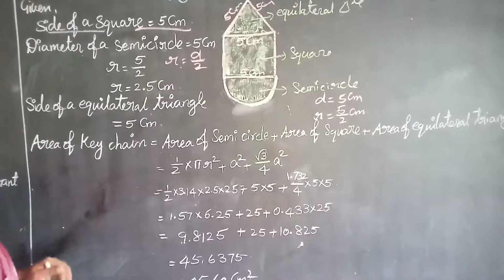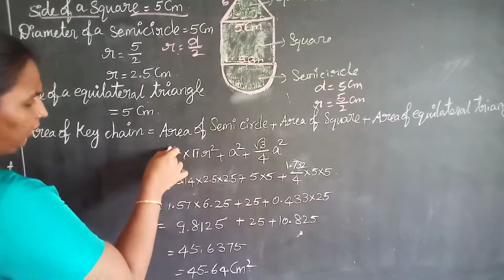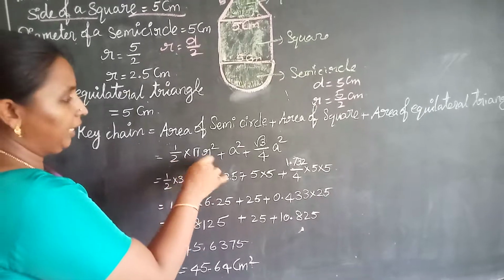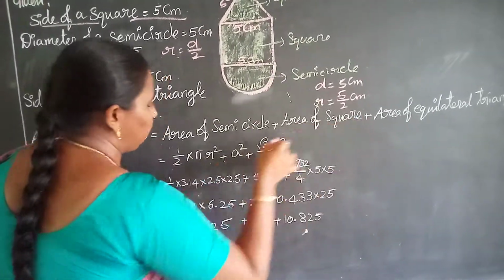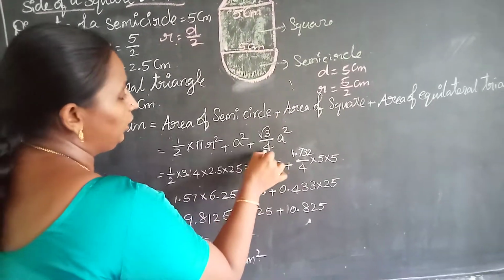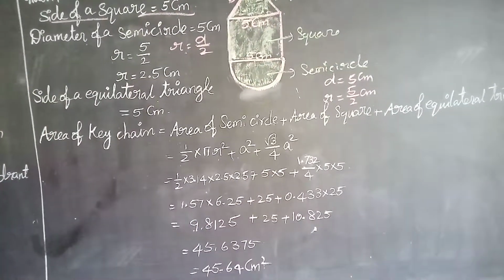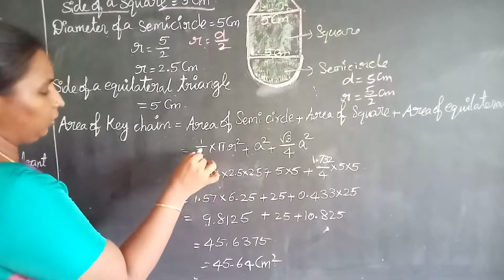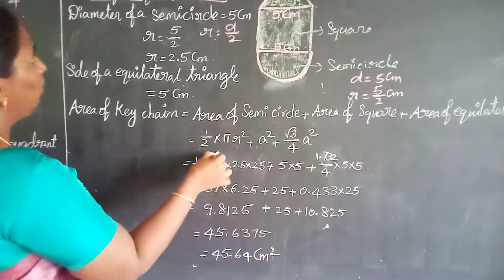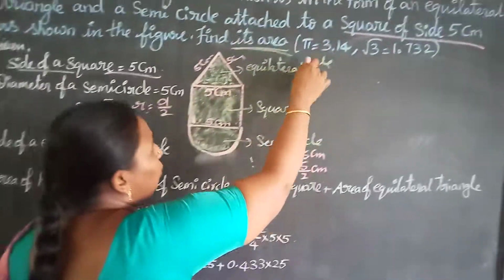Now write the formulas for this. Area of semicircle is pi r square by 2. I wrote 1 by 2 into pi r square plus area of square, a square, plus equilateral triangle area is root 3 by 4 a square units. Okay. Now we are going to apply the values. 1 by 2 into pi value they given as 3.14.